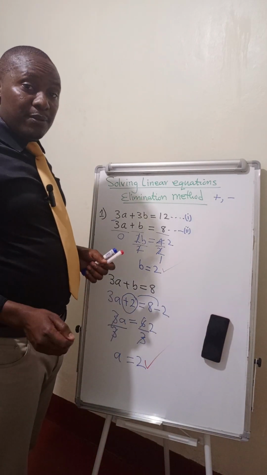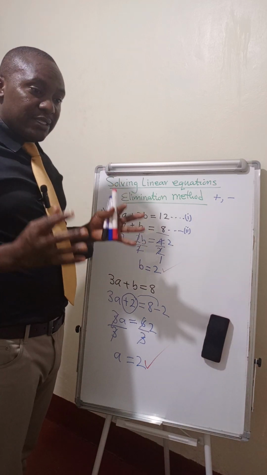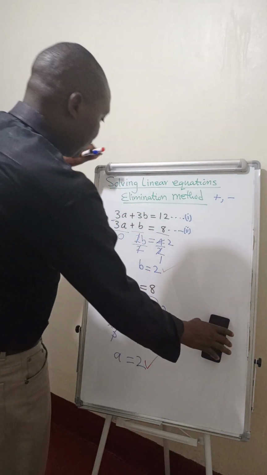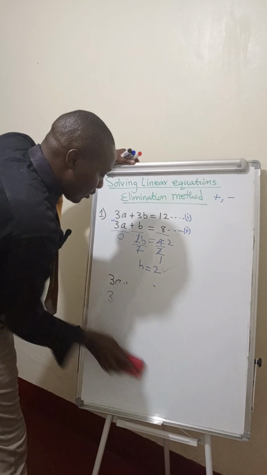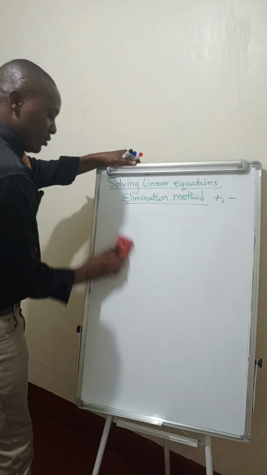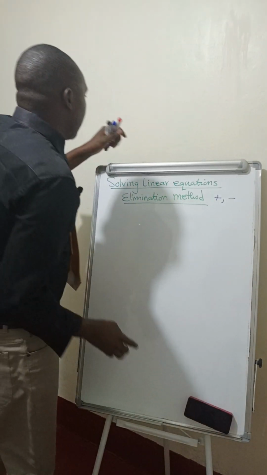I want to use another example, and this example has a lot of tricks. I've chosen this example to help us understand this method the best way possible. Haya, have a look. I will use example 2 here.